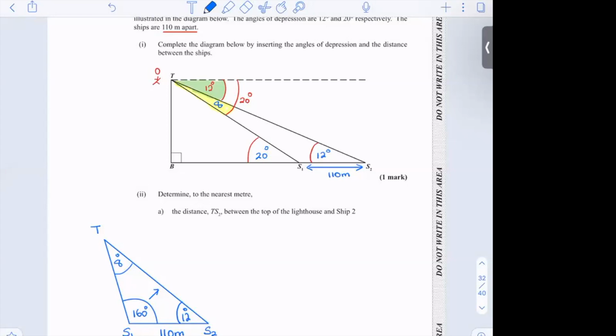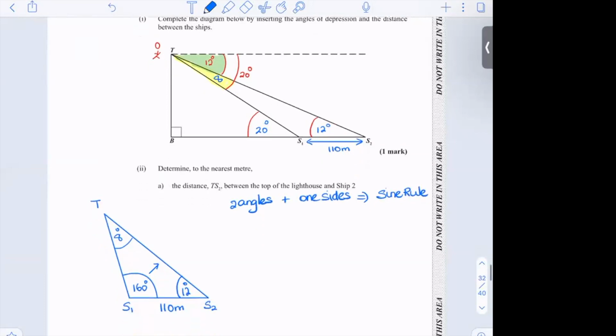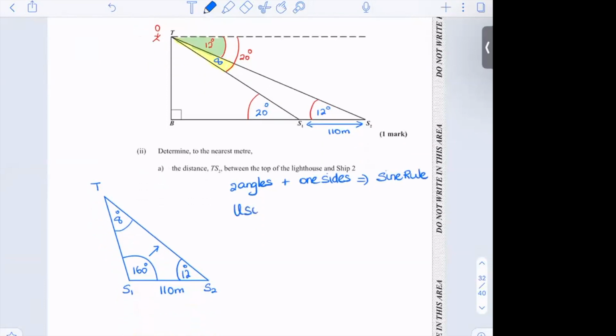Now, we have 2 angles, but only one side. So this tells us that we have to use the sine rule. We're not concerned with this, so I'm taking this out.